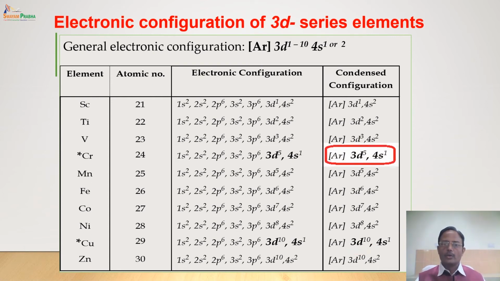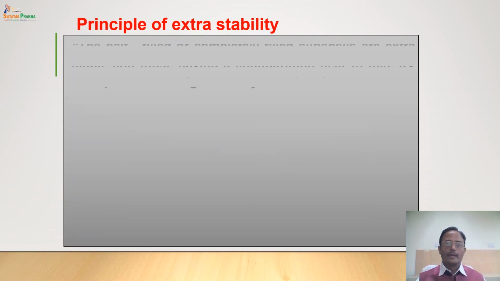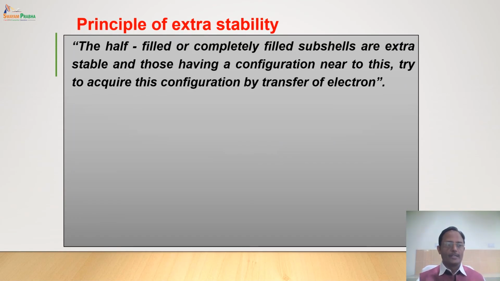So there are two important anomalies, and we will try to explain why different electronic configuration is observed in chromium and copper. It is based on the third principle we were talking about, the principle of extra stability. What does this principle say?